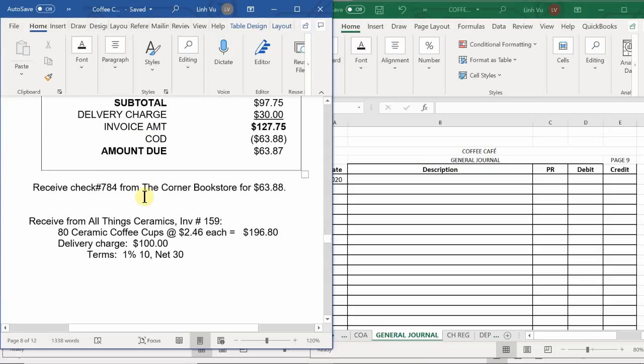Let's see what happened next. What did we receive? $80 ceramic mugs. We received our coffee mugs.